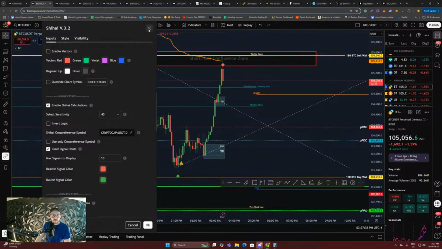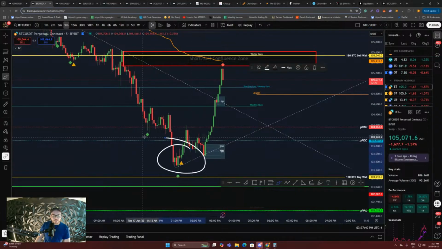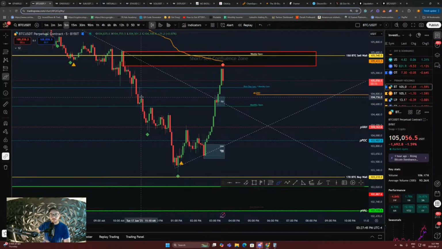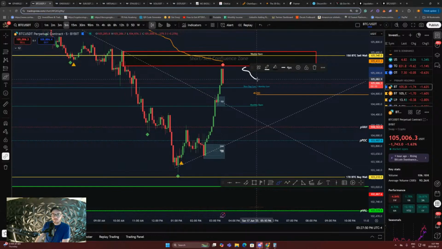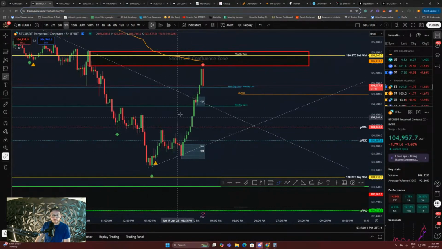So it will look for bearish posture on the USD dominance, which would be bullish in correlation to Bitcoin's price action because they're inversely correlated. So if the USD dominance is starting to go down, for example, during this moment, then you'll start to see this diamond appear. Sorry, USD dominance will be going up while Bitcoin's going down. Same with here and here. So it's good for confluences to help you with reactions.